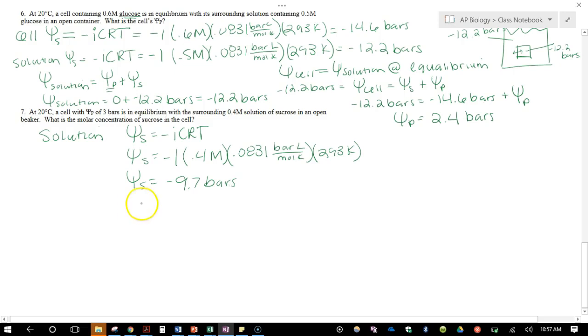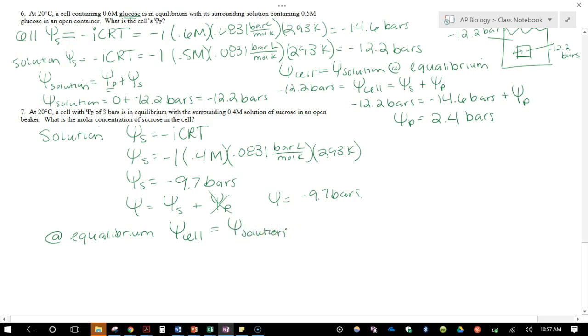Our total water potential for our solution equals the solute potential plus pressure potential. Hopefully at this point you realize that we don't have to concern ourselves with pressure, so our water potential is going to be negative 9.7 bars. At equilibrium, my cell equals my solution, so the water potential of my cell should equal negative 9.7 bars.